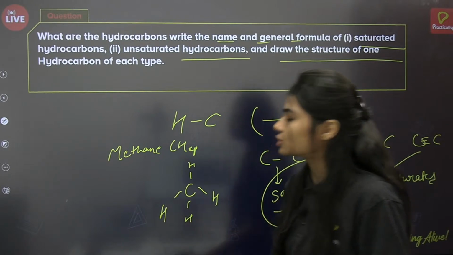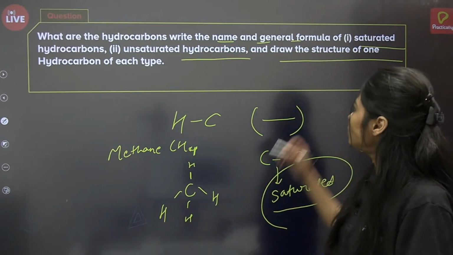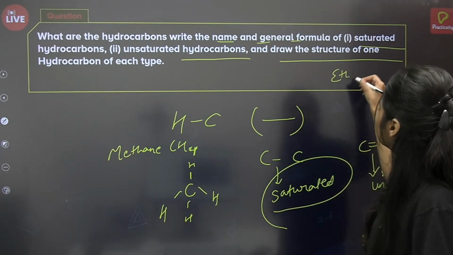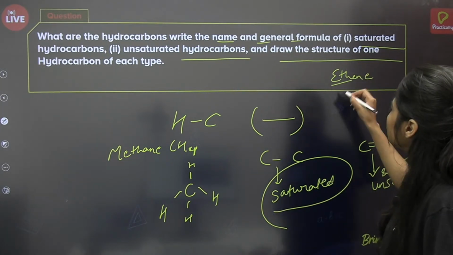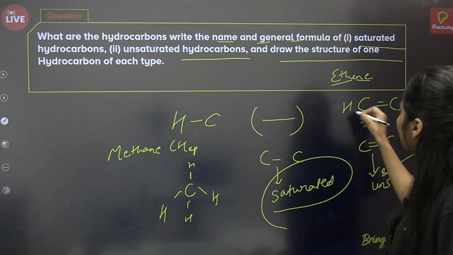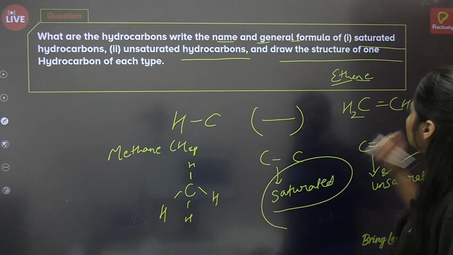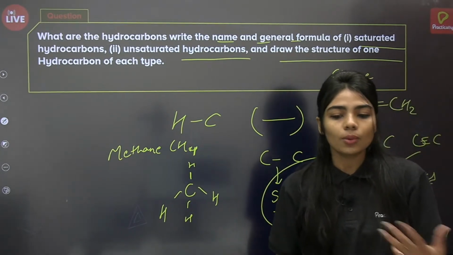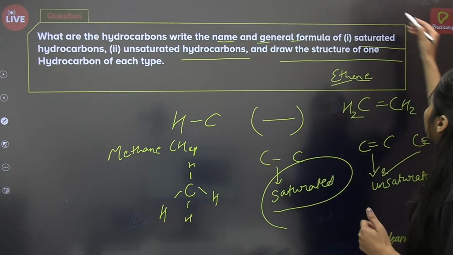This is the structure of methane. What about ethene? Eth means two carbons, ene means double bond. How many hydrogens should be there? So, this is the structure of your ethene. What about ethyne?